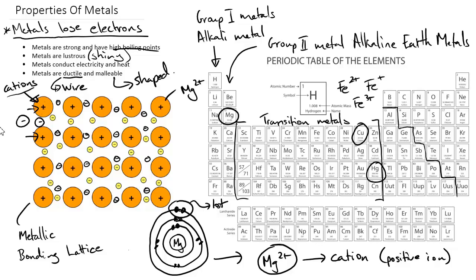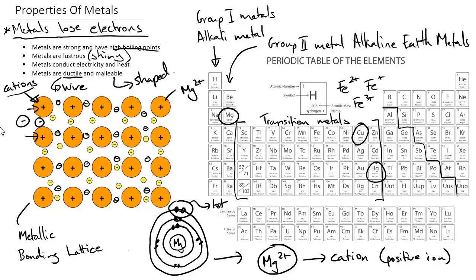It requires a huge amount of energy, and usually you'll find that metals tend to melt only when you reach 1,000 degrees. So they go from solid to liquid at about 1,000 degrees. That's the amount of energy that you need to provide for that particular lattice structure to break apart. So for the positive and the negative charges to move away from each other, you need about 1,000 degrees.